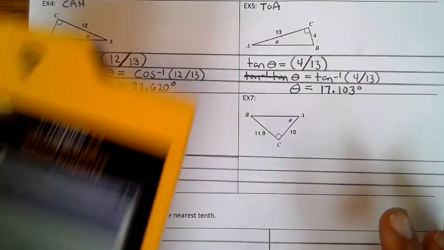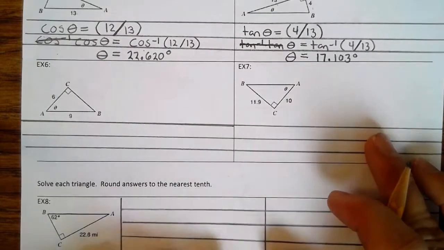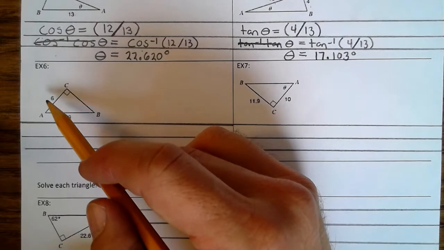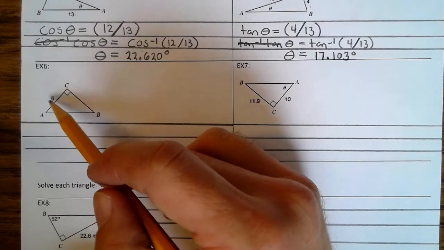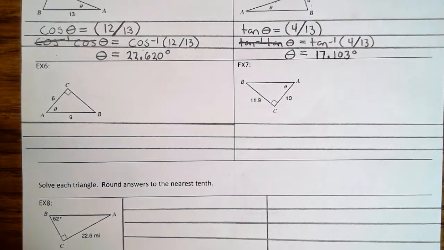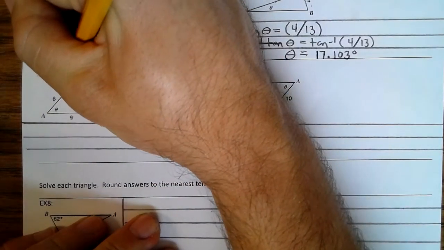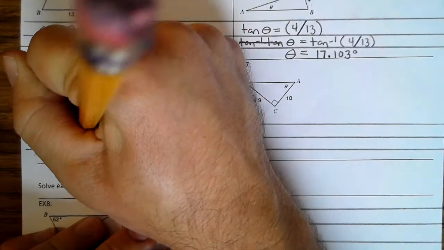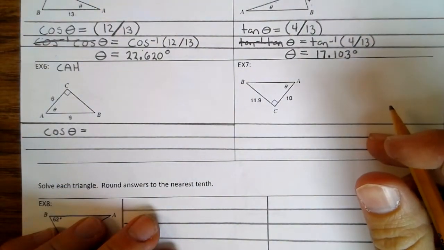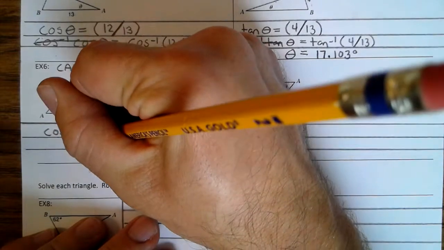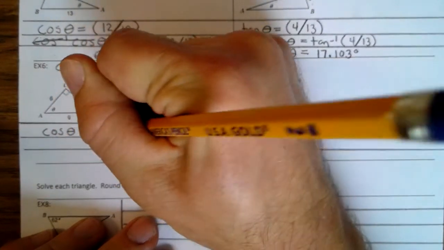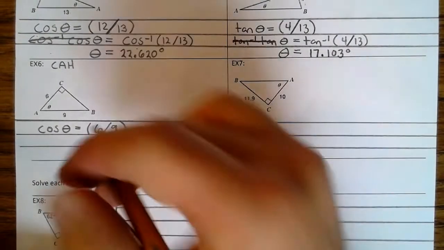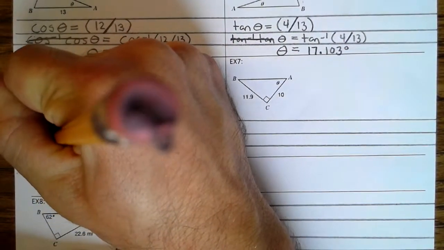All right, now let's take a look at example 6. It looks like we have adjacent over hypotenuse, so CAH. So we have cosine of theta equals adjacent, which is 6, divided by hypotenuse, which is 9. Now we take cosine inverse of both sides.